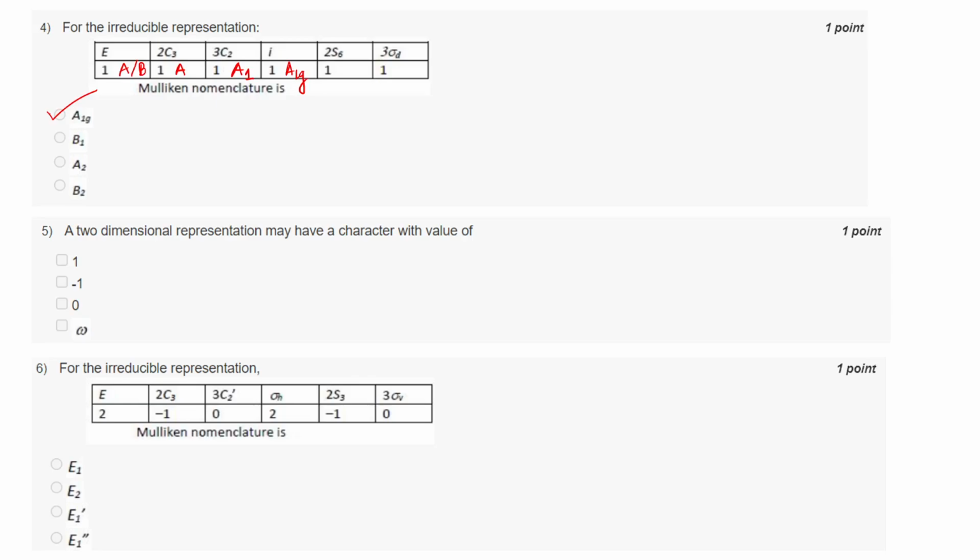I think it can also take imaginary values. It could be one. I think all four options should have been correct, but I think they went only with C and D.